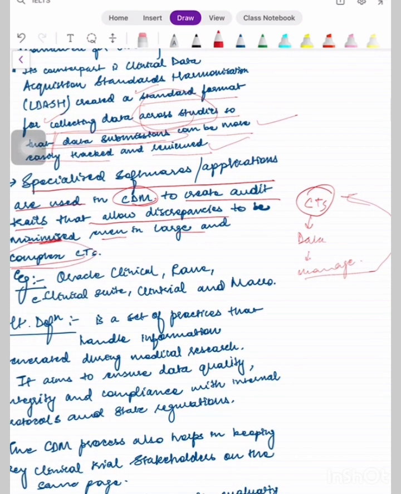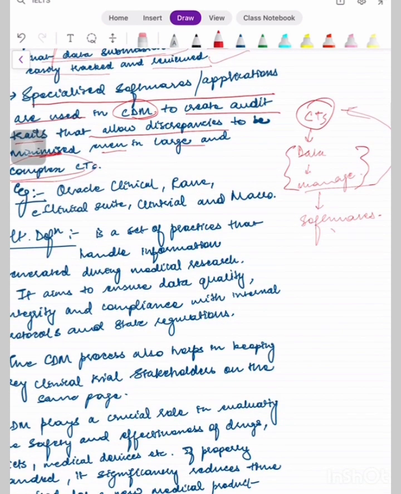So I have certain software for that data management, or applications that we use in CDM so that an audit trail can be created. What does that audit trail do? Trail means a path followed. Audit means you are trying to review it. This way, the discrepancies are minimized even in large and complex clinical trials.